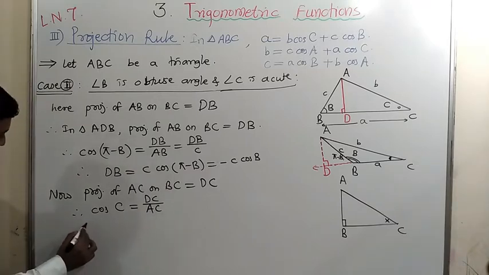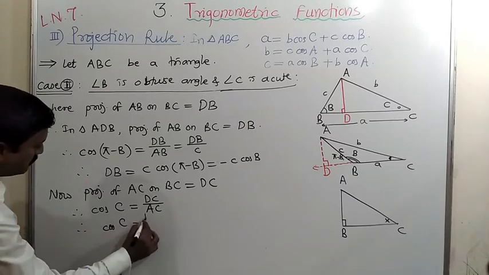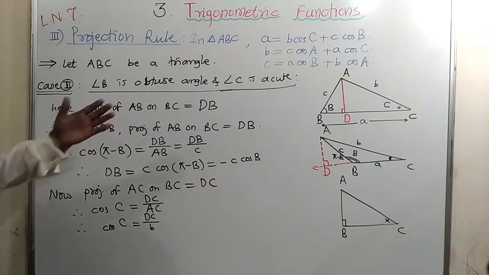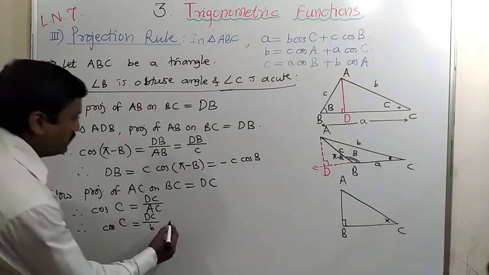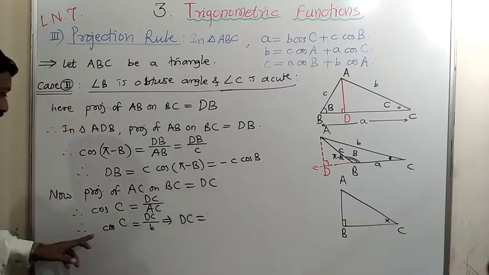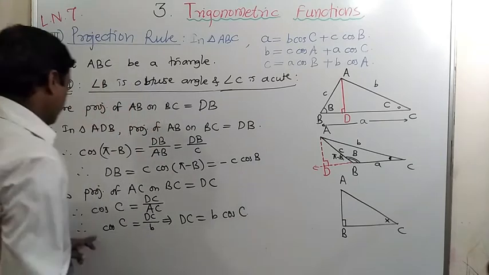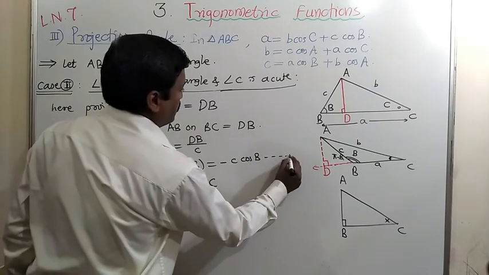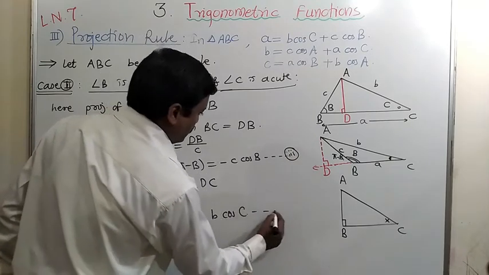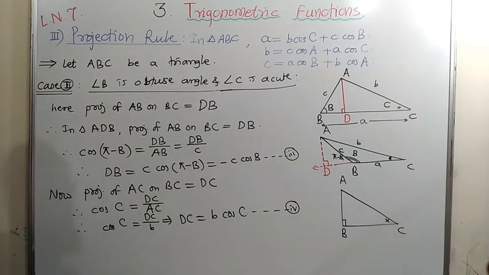Therefore we get cos C is equal to BC upon AC, where the length of side AC is small b. This gives us BC equal to b cos C. This is our third result, and this one is the fourth result.